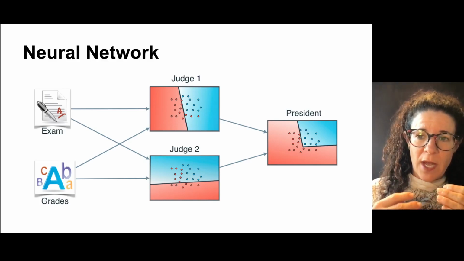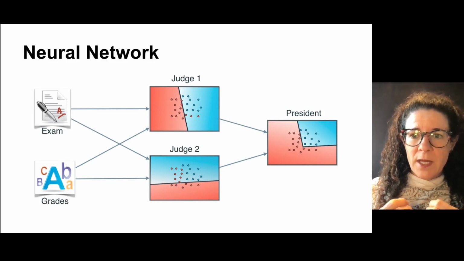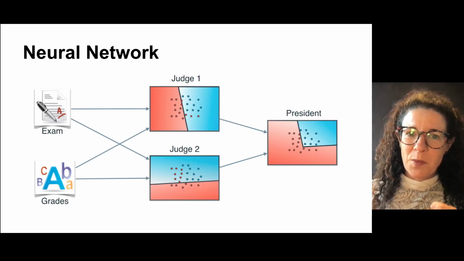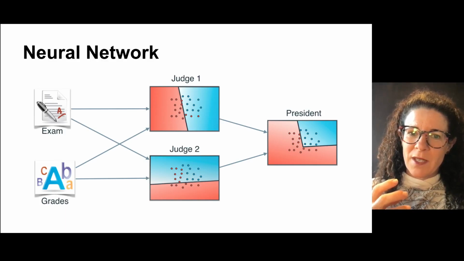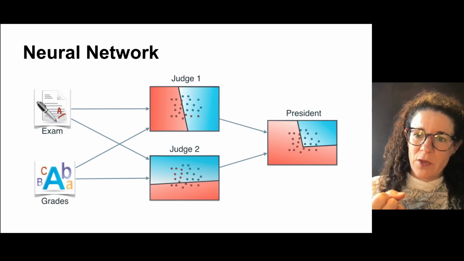Judge 2 is going to do a linear transformation of the inputs and apply a nonlinear function to get a score. The second layer is going to take as inputs the scores from judge 1 and judge 2 and apply a linear transformation to that to get a score.